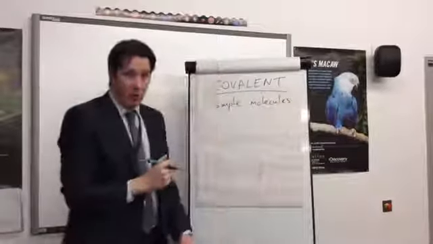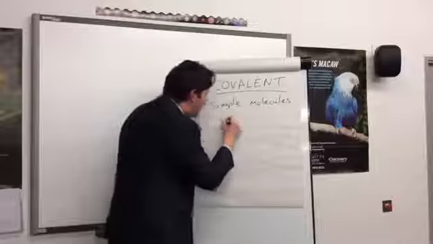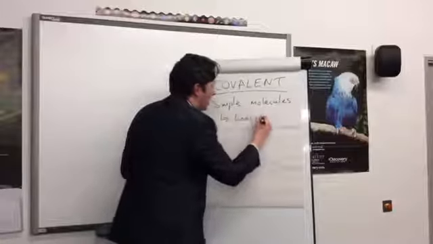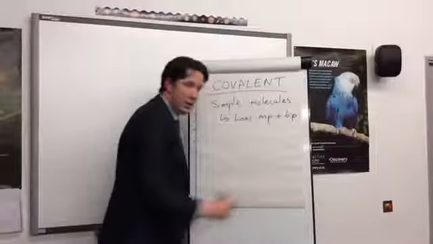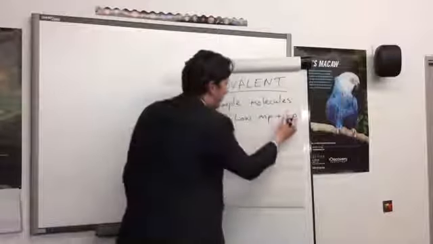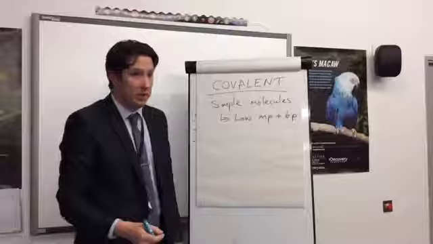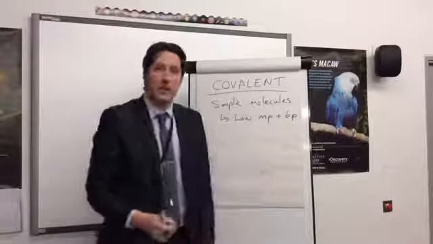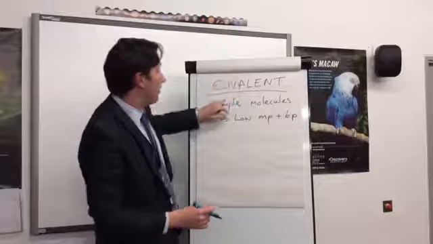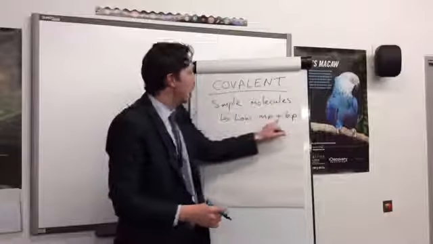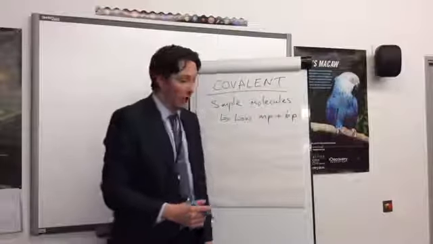And all simple molecules have a low MP and BP. Now MP stands for, some of you might know, melting point, and BP stands for boiling point. So not all covalent compounds, but simple molecules all have a low melting point and boiling point.